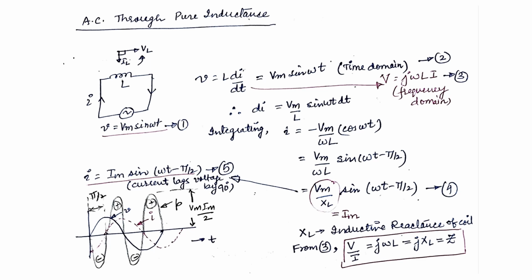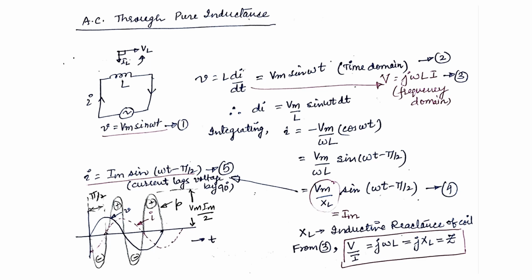This back EMF will oppose the rise and the fall of current through the coil. So there is no ohmic voltage drop, so the applied voltage has to overcome this self-induced EMF. That is the applied voltage denoted by the lowercase v is equal to Vm sin omega t, where this is the instantaneous value of the applied voltage.